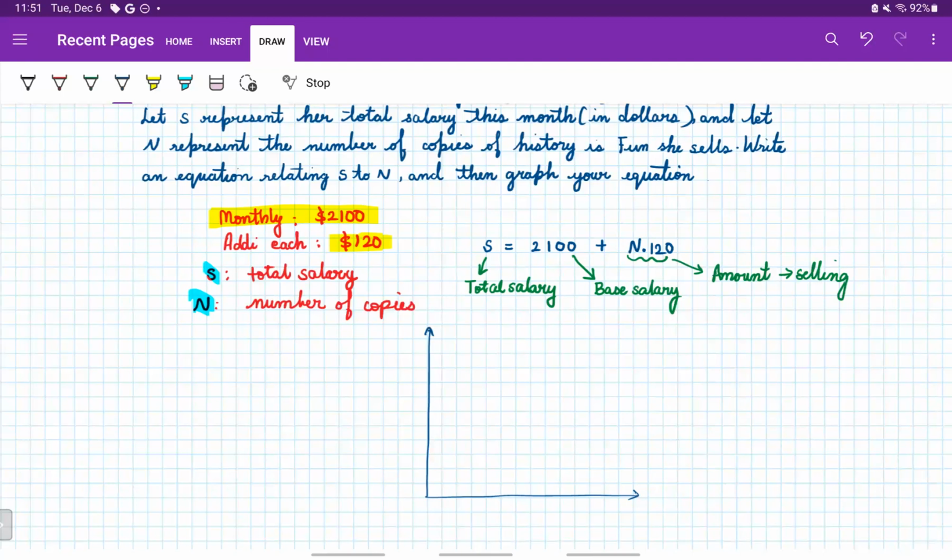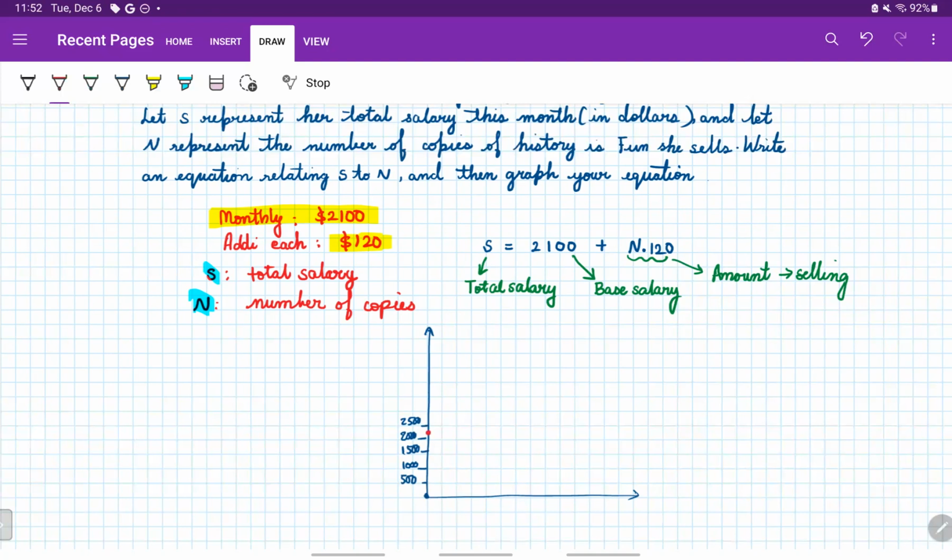So we know that when she sells 0 copies, her salary would just be $2,100. So let me make this 500, this can be 1,000, 1,500, 2,000, and 2,500. It said that 2,100 is her base salary when she doesn't sell anything. So that would be somewhere here.